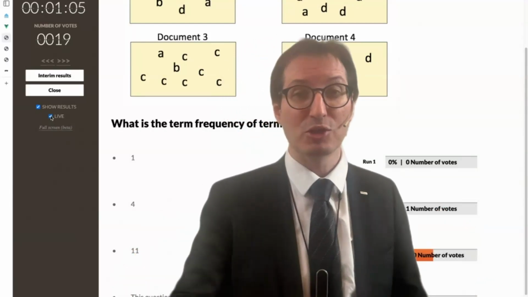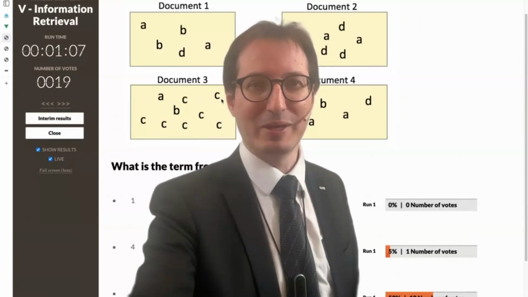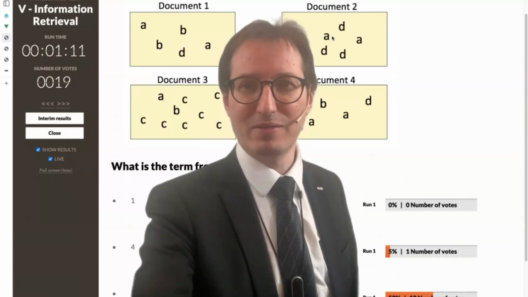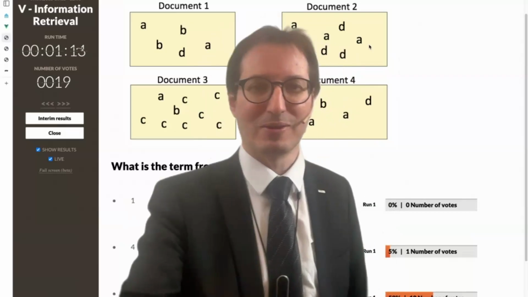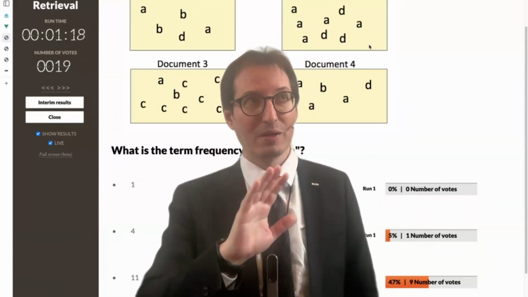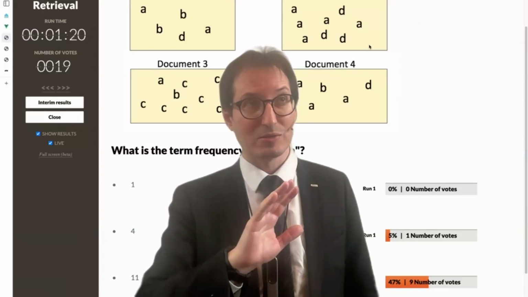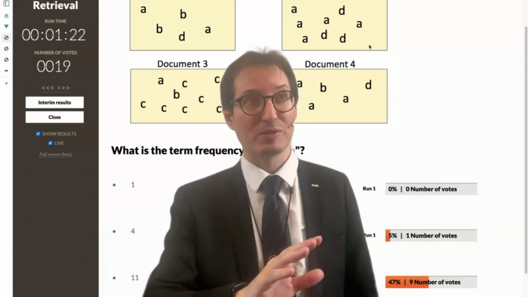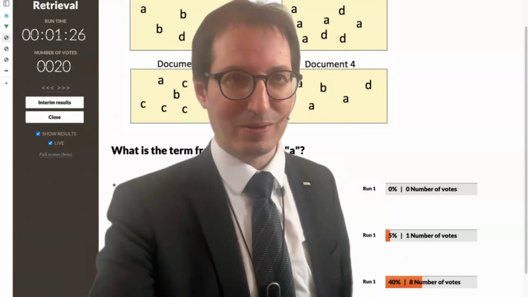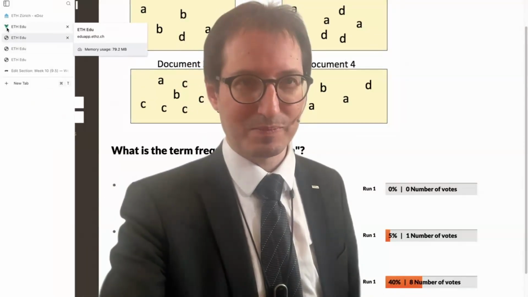So 11 would be the collection frequency of term A. 1, 2, 3, 4, 5, 6, 7, 8, 9, 10, 11. So collection frequency depends just on the term. Document frequency depends just on the term. Term frequency depends on the term and the document. All right, so we've got things right now.